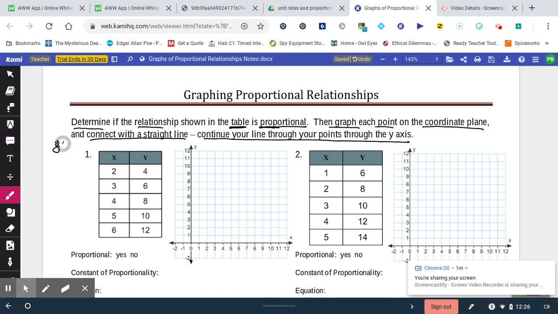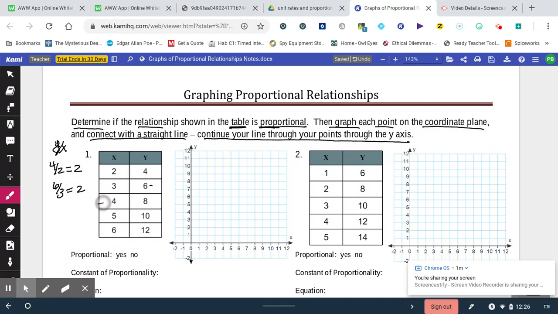So take 4 divided by 2, we get 2 in this row. Then you would take 6, because it's y divided by x, divided by 3, and we get 2.